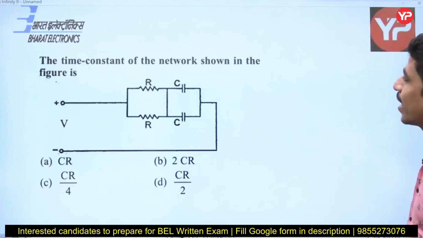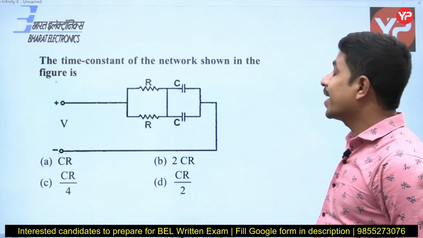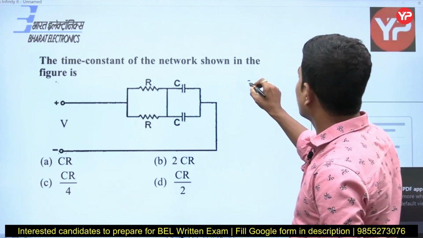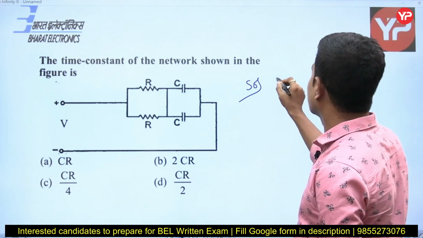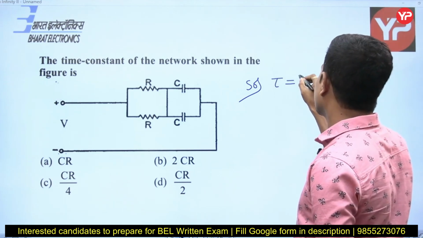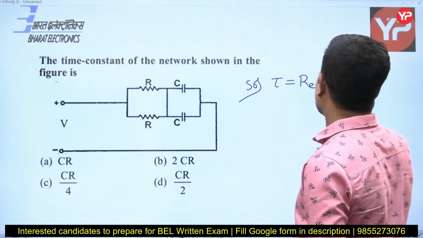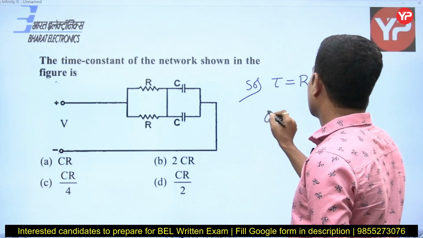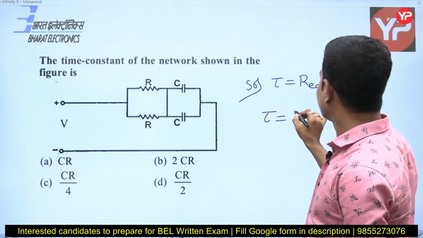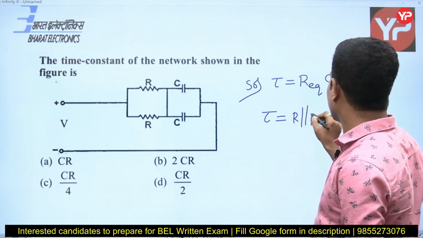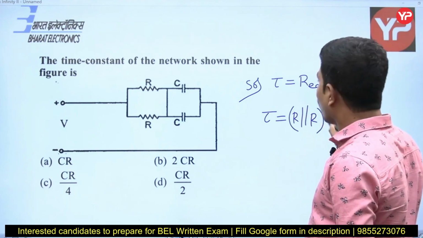Next, time constant of the network shown in figure is, as I told you previously, tau of an RC circuit is R equivalent into C equivalent. So tau is equal to, what is the R equivalent? These are in parallel, R in parallel with R, into, what is C equivalent?